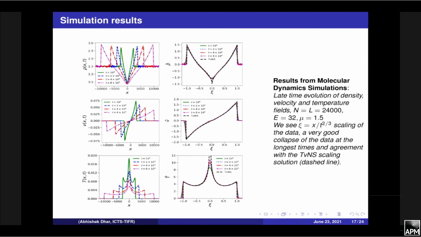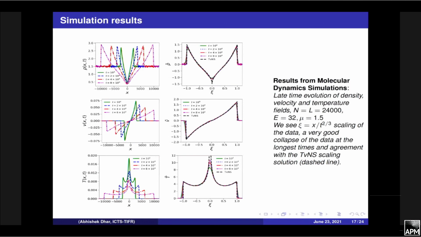Okay, so you can see that in all three fields, the agreement is really quite spectacular, except that at the center, the core of the blast, there's some deviation. In particular, the temperature field that is predicted from the Euler equations actually has a divergence at the center, and this is not what you see in the simulation.